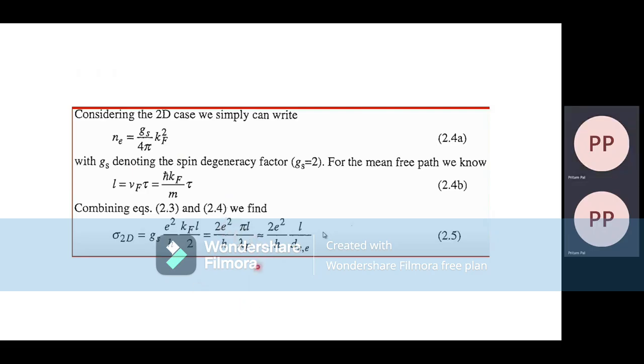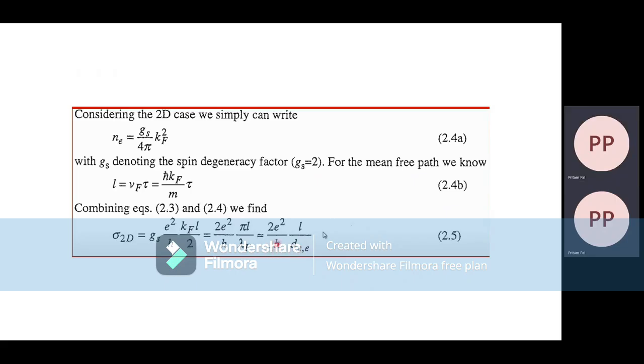That becomes a prefactor to a dimensionless ratio, which depends on the mean free path once again.